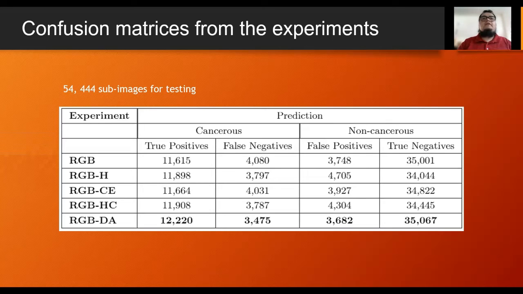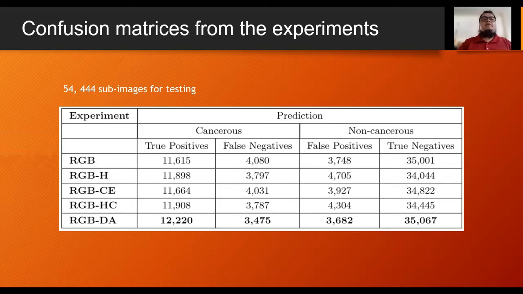The third consists of applying histogram stretching to the images. The fourth consists of applying unsharp masking and histogram stretching to the RGB images, and with the resulting image, we trained the neural network.